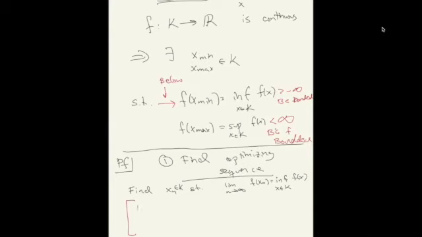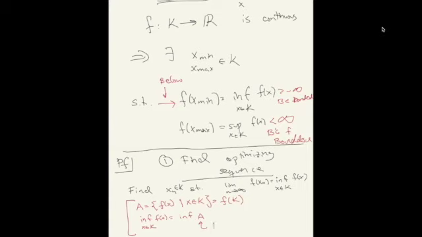If we define the set A to be all the values f(x), x in K, and this is sometimes denoted f(K), then the infimum of f(x) over x in K really means the infimum of this set of real values. Now this set is closed and bounded, well, we don't know if it's closed yet actually.